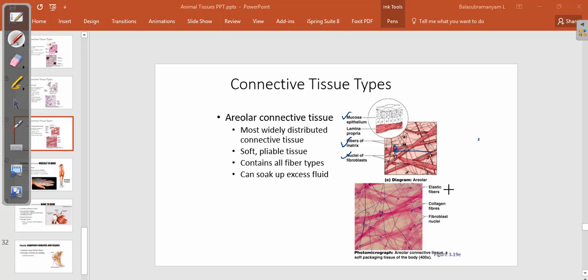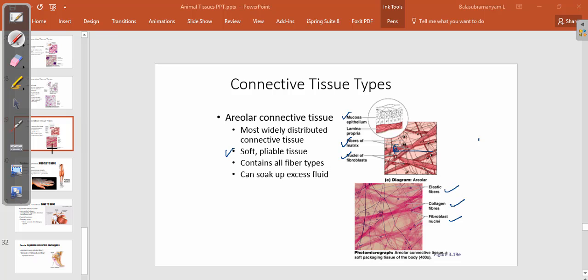And here you can see the original picture, the histograph of the areolar connective tissue. The elastic fibers are there, collagen fibers are there, then fibroblast nuclei are there. The thread-like structures are elastic fibers. They also have a lot of applications, and they are soft, pliable tissues as well.